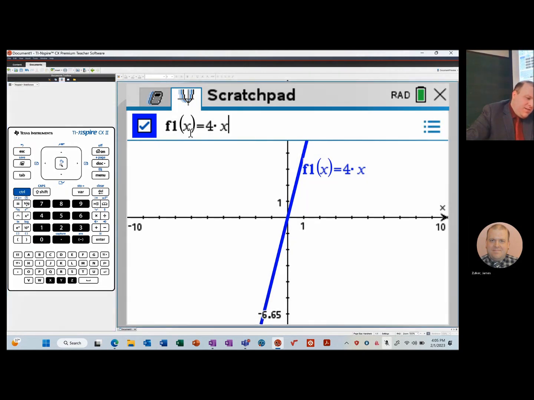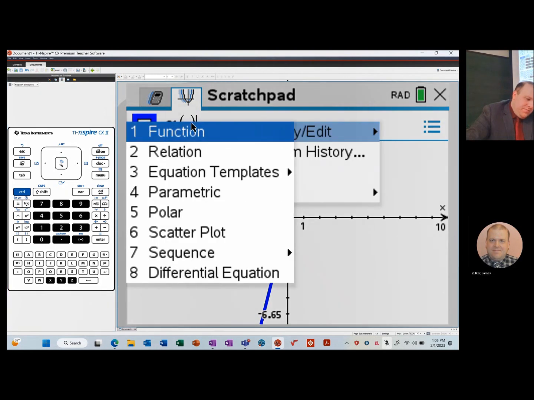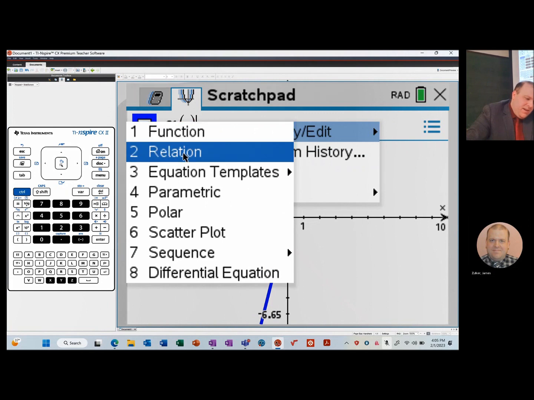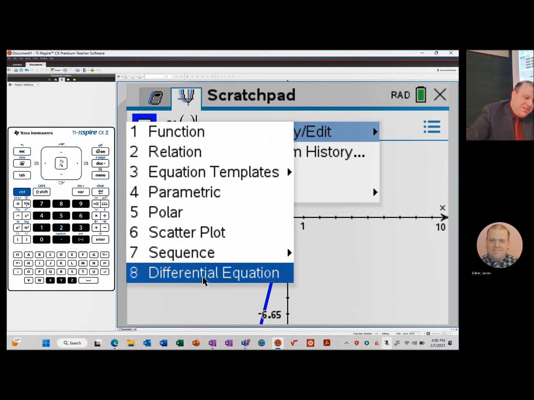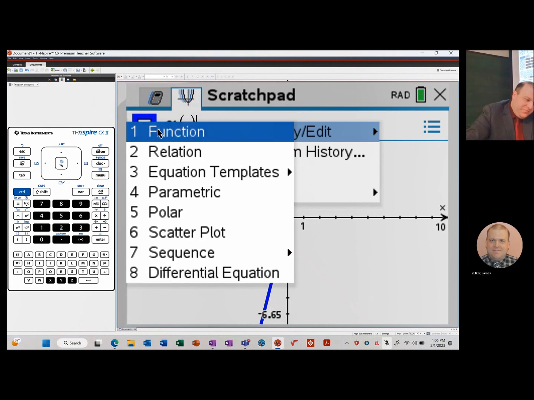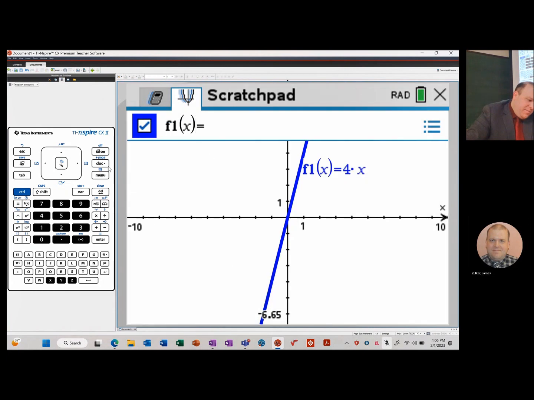That's the history menu. I think what I have to do is left click. Oh, it can also graph differential equations. That's really nice. This middle button here acts as a mouse.